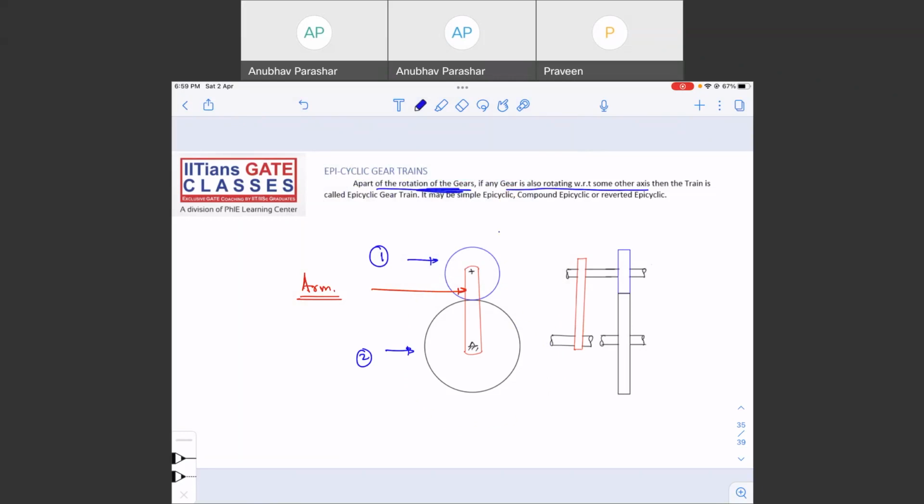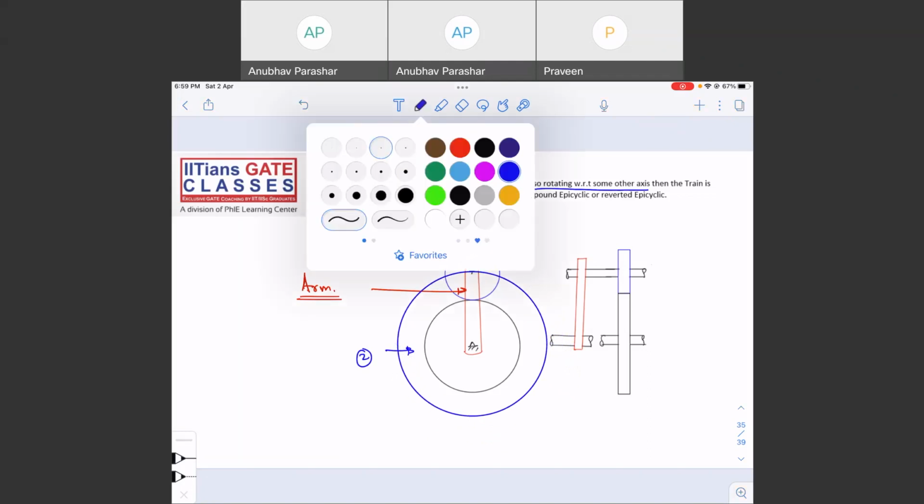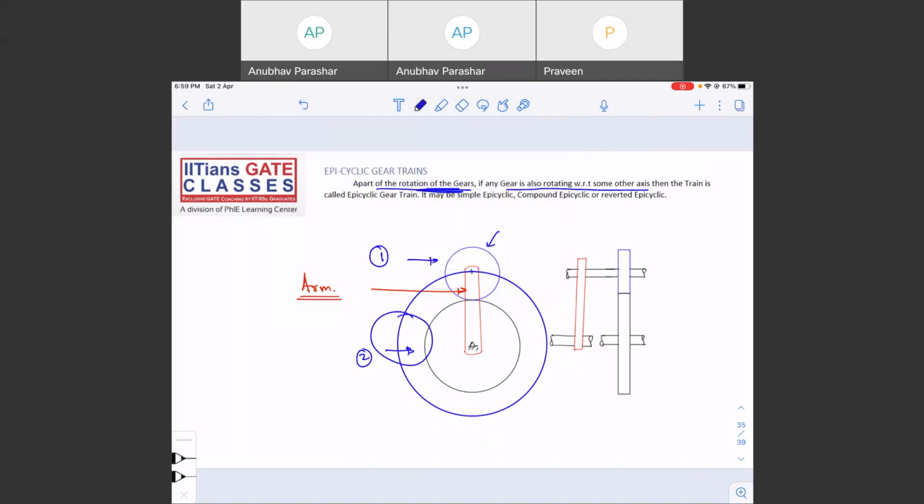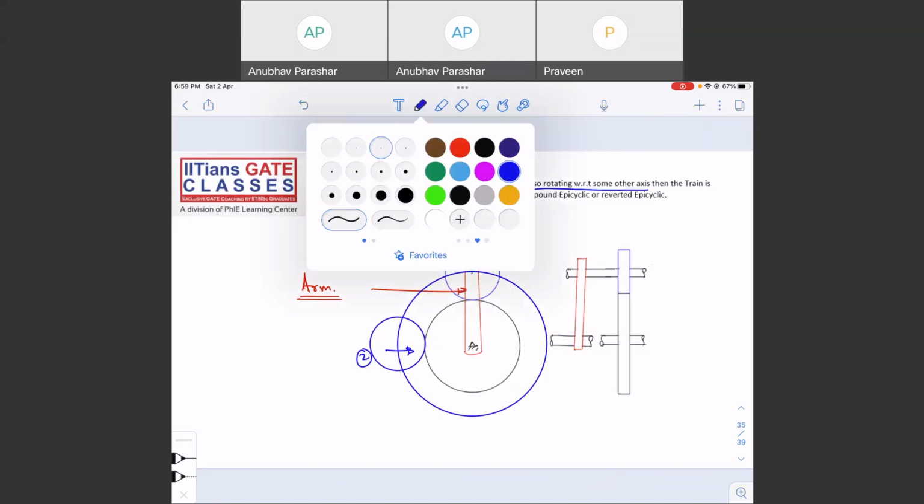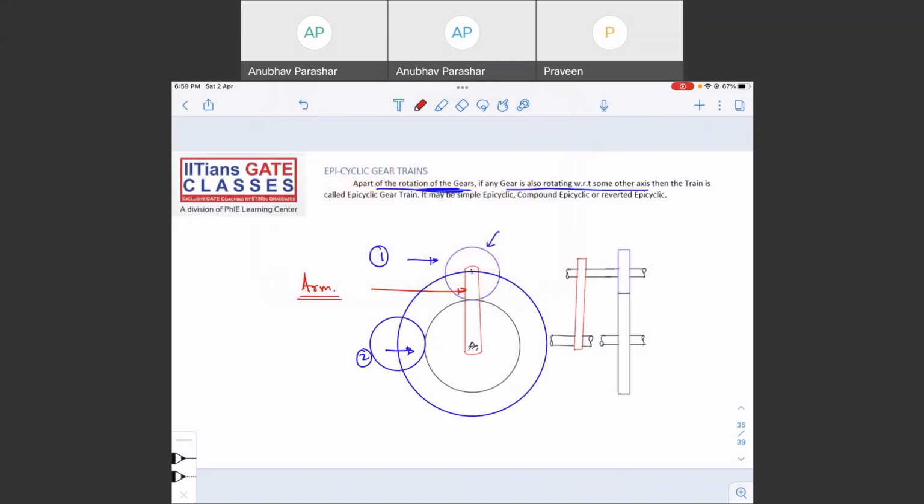So you can see the smaller gear, gear number 1, is also rotating about the other gear, something like this.